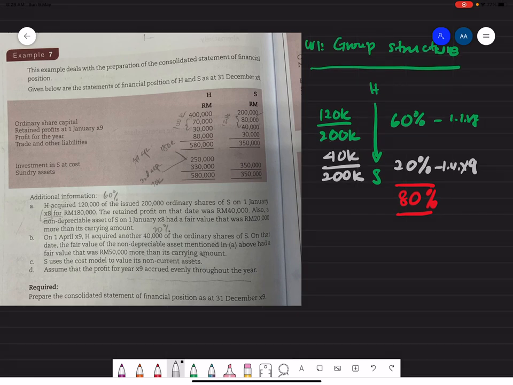So when is the goodwill calculated? Goodwill is calculated actually on 1st January X8. So you must calculate the goodwill based on information on 1st January X8, because that was when the control was achieved. Okay, so next we will look at the goodwill on acquisition.